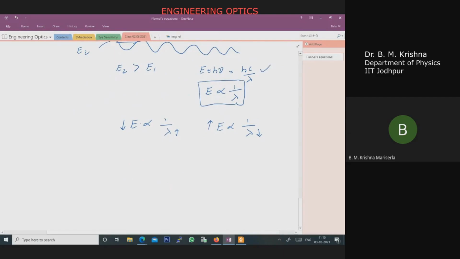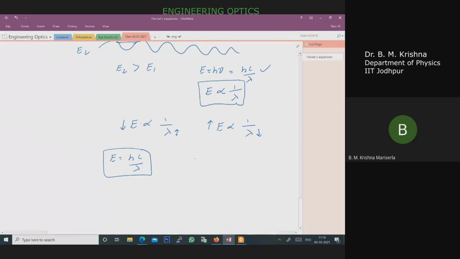Now one can convert your energy to wavelength. Conversion can be done with this formula: E equals h nu, which means hc by lambda. Your h is a constant, Planck's constant, which has a specific finite value, and c is also a constant.